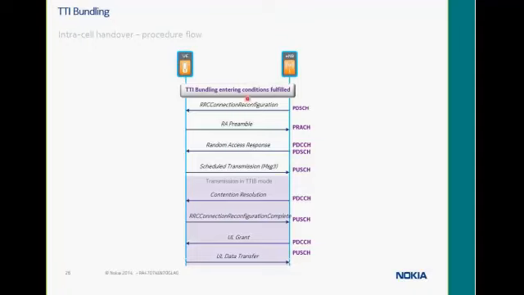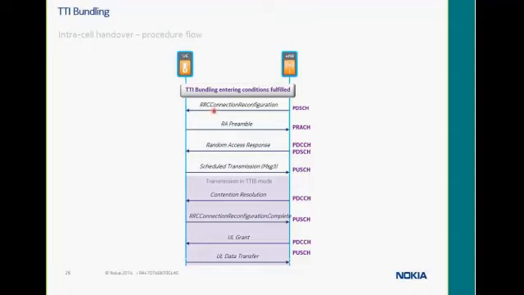So here we're looking at our RRC connection. So TTI bundling mode conditions are accepted. So we got to those thresholds. The eNodeB will then send an RRC connection reconfiguration message, which in this case is a handover command to itself, to the same cell.